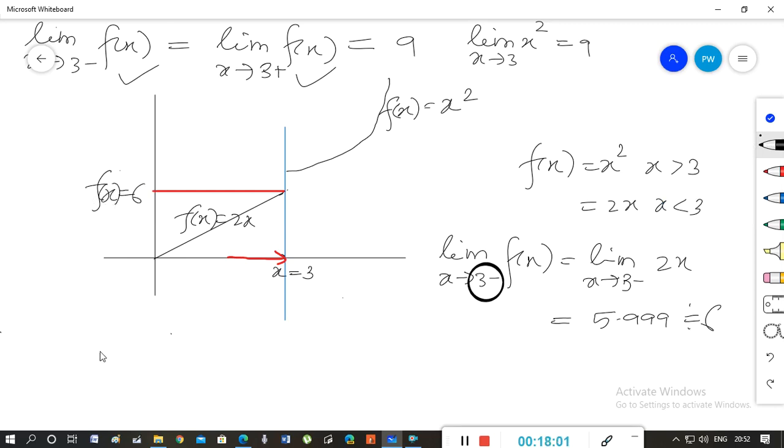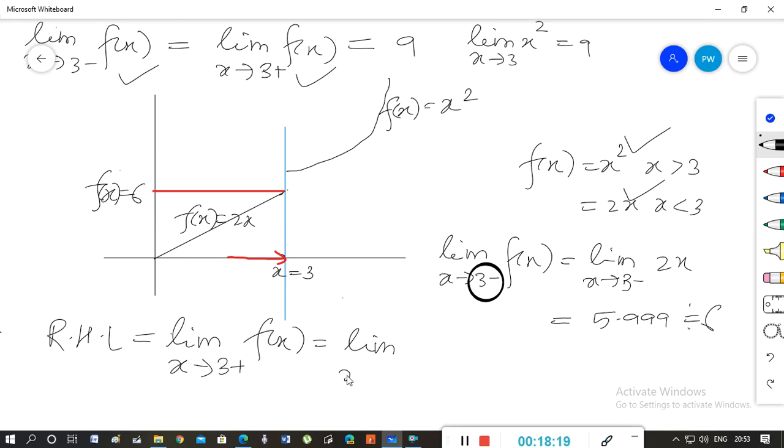Now suppose you consider the right hand side limit, RHL, of the same function f of x. This is a multi-defined function; you have the two definitions. Second, limit of x tends to 3 plus, meaning I'm approaching towards 3 from the right hand side, of x square. Now I'll put values of x just a little bit more than 3, since it is 3 plus, so 3.1, and it will come to some 9.001.